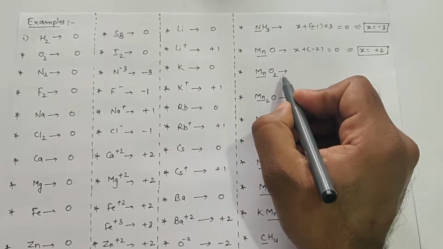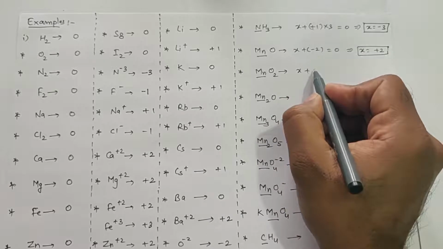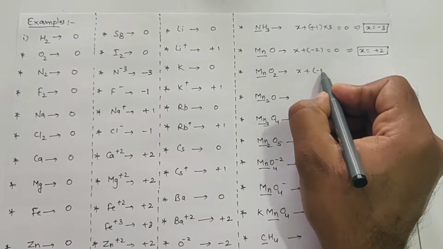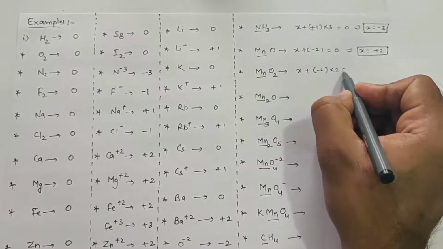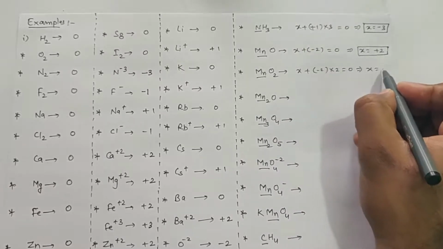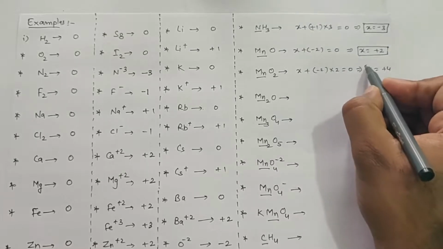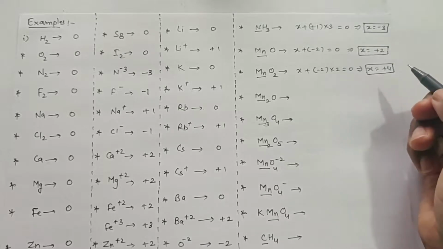In case of MnO2, X plus oxygen usually shows -2 oxidation state. So -2, there are 2 oxygen atoms present in this, multiply by 2 equals 0. It will give X equals +4. In this compound manganese is present in +4 oxidation state.